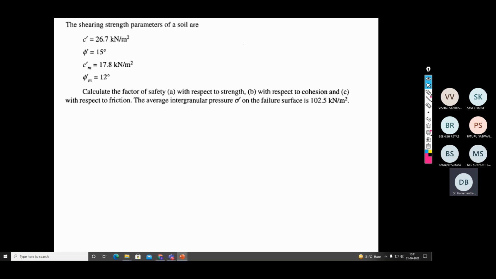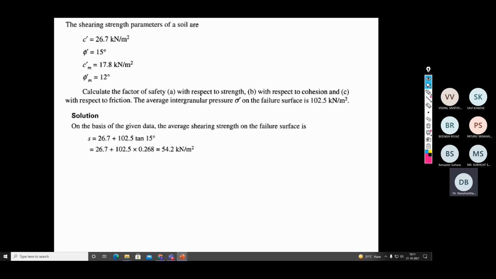So first of all, you need to calculate the shear strength corresponding to the failure, that is the ultimate shearing condition, and the shear strength corresponding to the mobilized state. Those are the average shear strength at the failure condition and the mobilized shearing resistance.